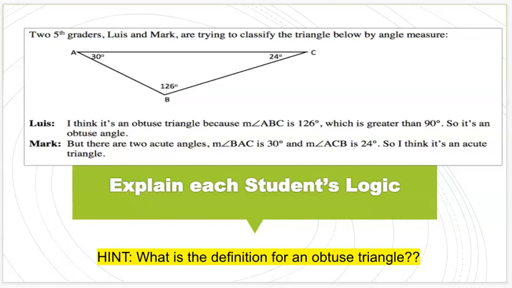But you can see where students might get confused because they're classifying angles and not the whole triangle. So Mark is correct in there are 2 acute angles, but the definition of an acute triangle is all 3 angles are acute. So when they're investigating those statements on the previous slide, they might get confused and have to refer to classification again.